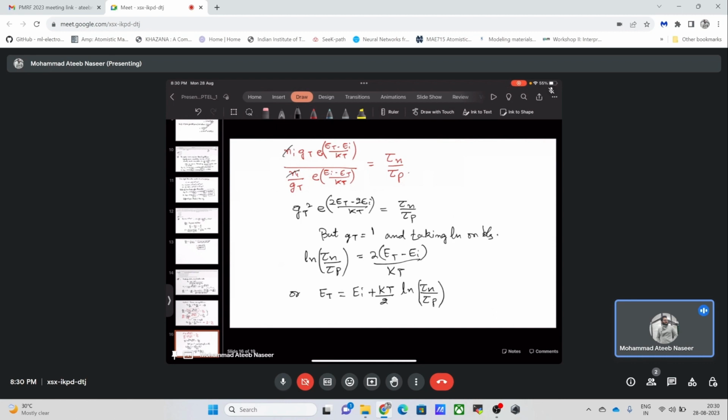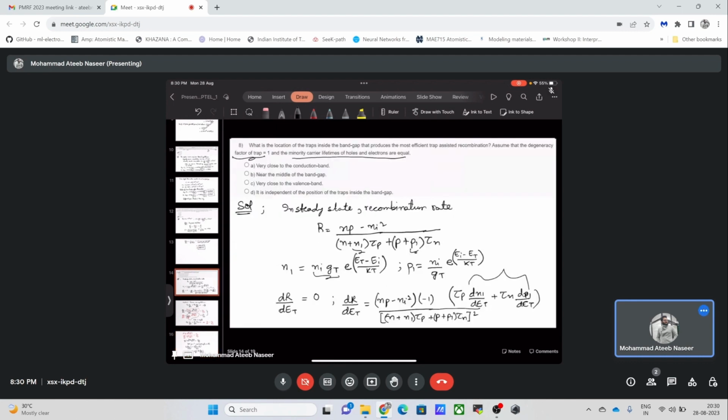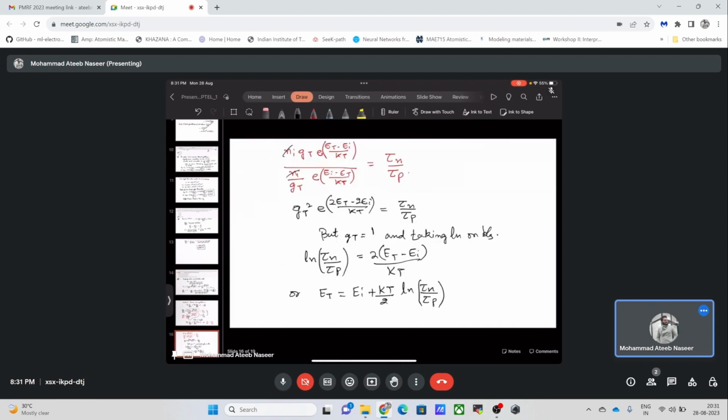We have been given some condition for the minority carrier lifetimes of the holes and the electrons, and it was that τn is equal to τp. So it implies Et is equal to Ei, and Ei lies approximately, not exactly, in the middle of the band gap, near the middle of the band gap.